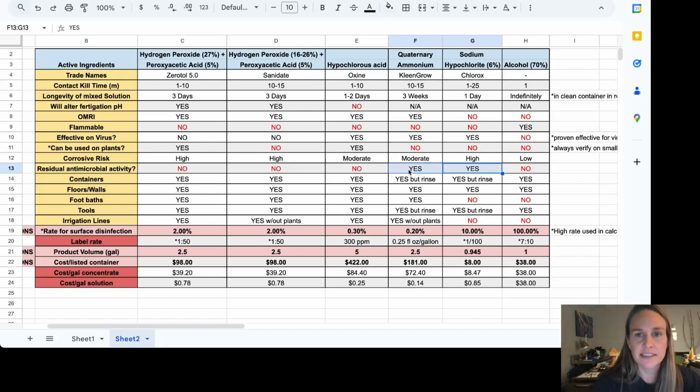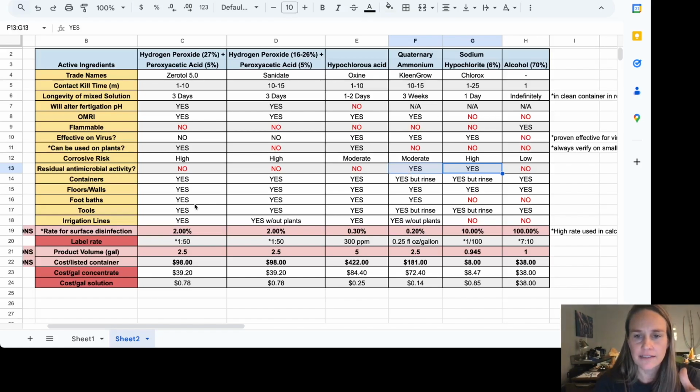This is something definitely to think about if you have foot baths, or maybe you want to put it in your walkways, where you are getting much longer lasting cleaning effects. Maybe you put it on your walls, basically anywhere that your plants aren't touching. This could be a really good product to make sure you're continuing for a longer period of time to kill those organisms versus a single spray and then you start to accumulate back up.